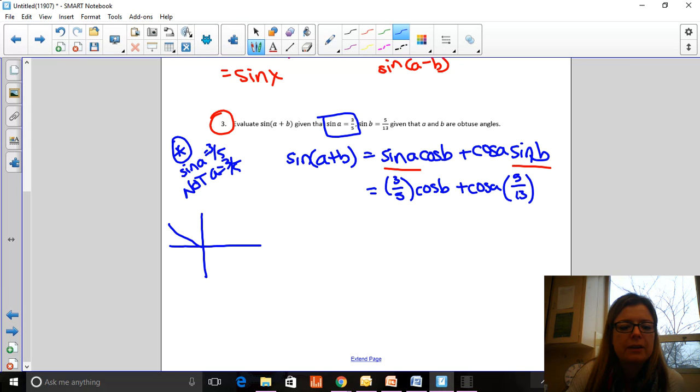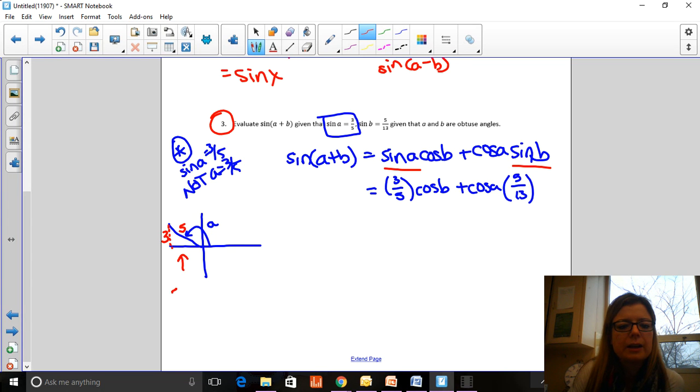So here is our A value. So we can drop down a little perpendicular here. So remember that sine is y over r. So that means that our y value is 3 and our r value is 5. So we just need to find this x value so we can find the cos of A.